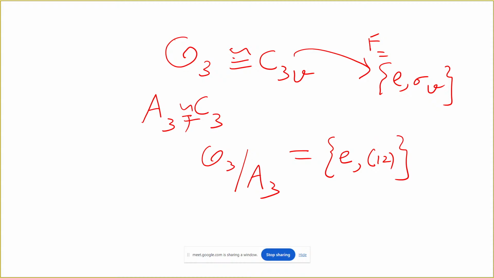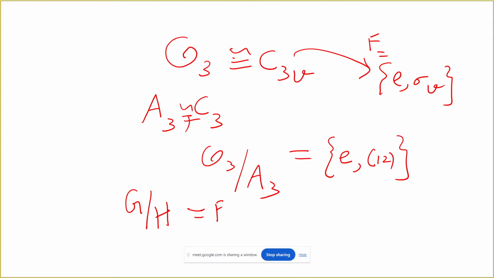Accidentally it happened that in the lectures, when I took S3 and E and 1-2, it gave me again an A3, which is a group. But that will not happen in general. So you should always do G divided by an invariant subgroup, and that will always give you a factor group. Otherwise you will not get it.